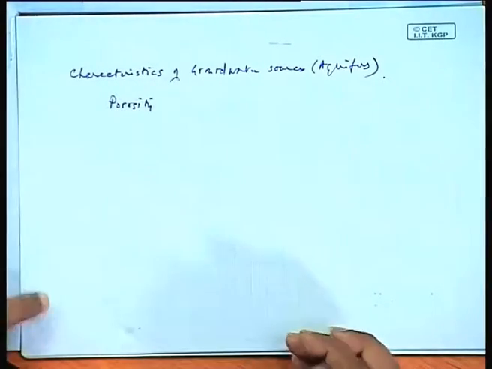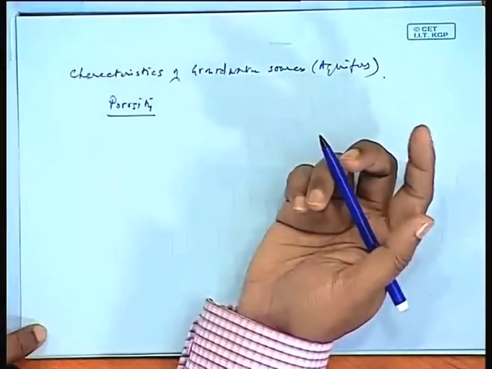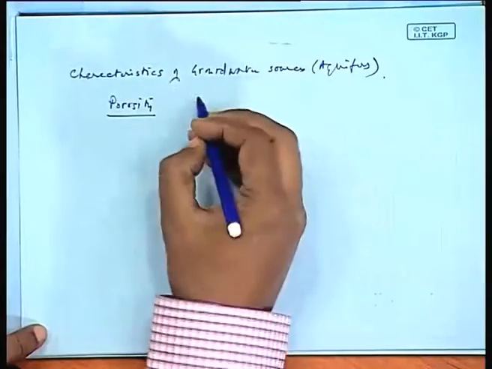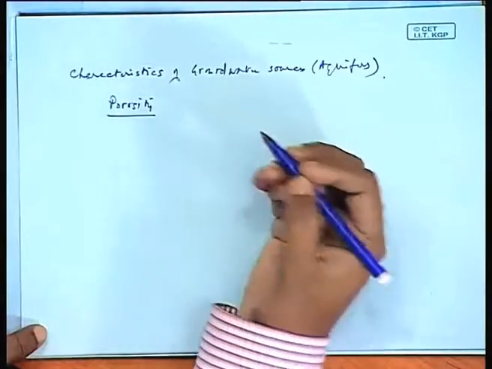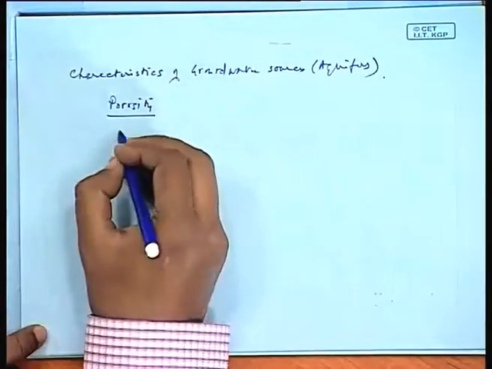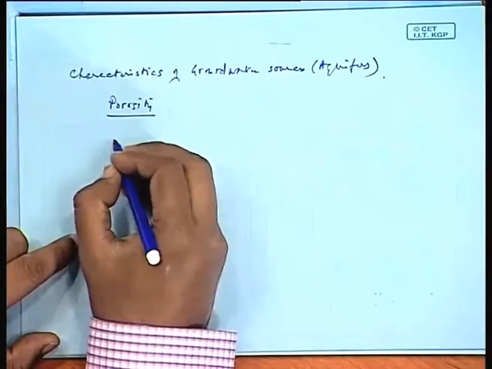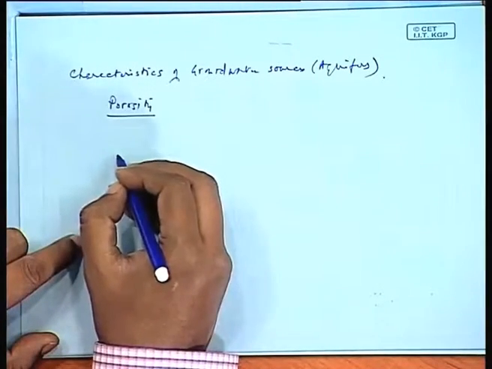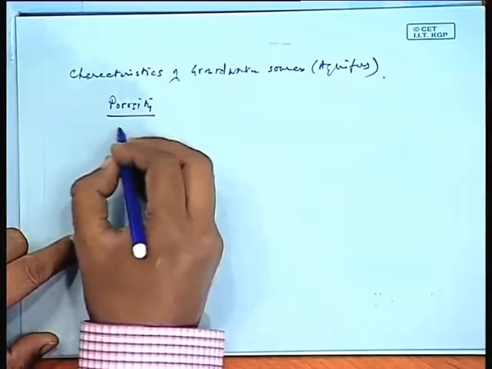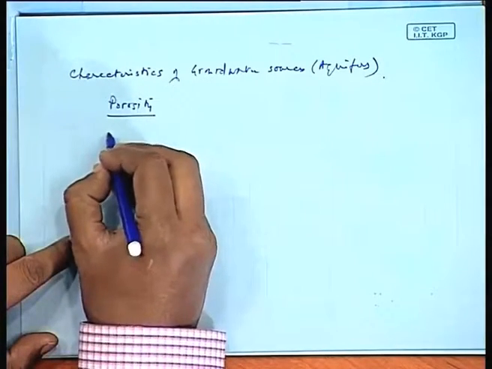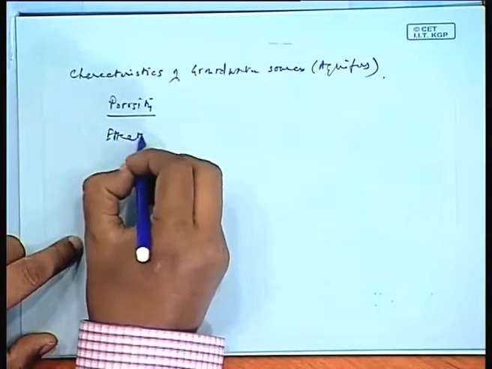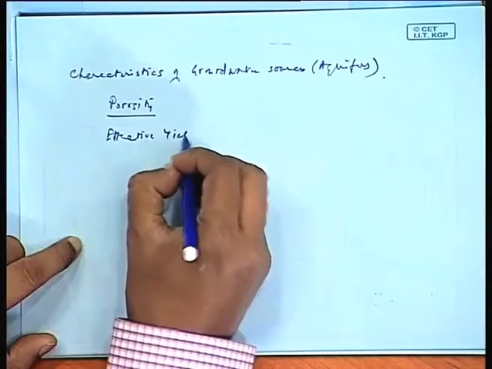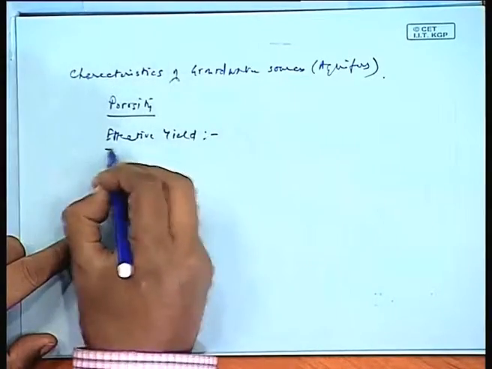and I have explained that porosity means the void volume divided by the total volume, isn't it? Another important thing related to porosity is the effective yield. The concept of effective yield is like this.